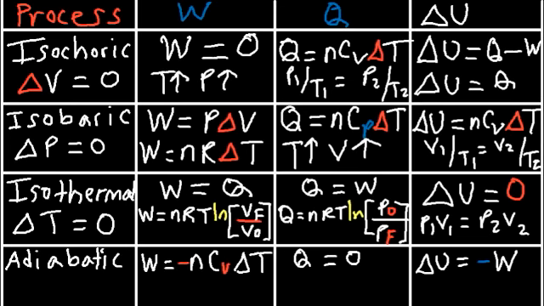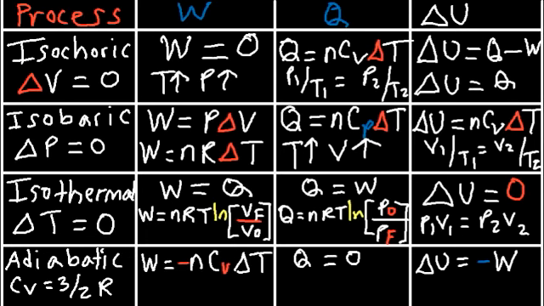Now there are some other equations associated with this process. And I'm going to add that throughout this video. But something that you need to know is that CV for a monoatomic gas is equal to 3 over 2 times R. And that's true for any of these processes. A monoatomic gas is simply a gas that contains one atom.